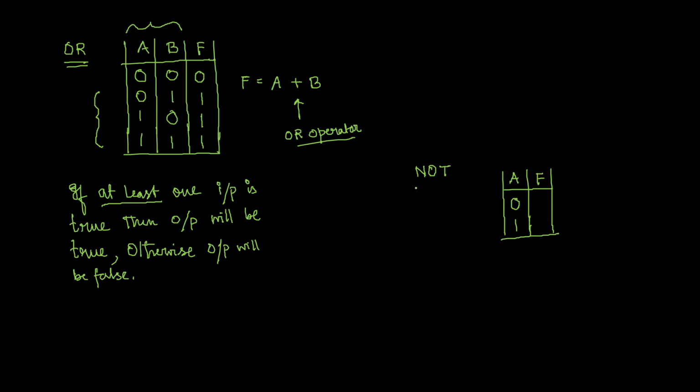And the NOT logic says that the output will be the complement of the input. That means if the input is 0, the output will be 1. If the input is 1, the output will be 0.